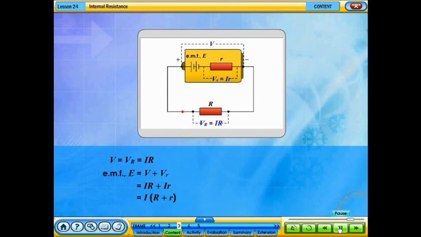Since the potential difference across the cell in a closed circuit equals the potential difference across the external resistance, the EMF E can be rewritten as current times the external resistance plus current times the internal resistance, or current times the sum of the external and internal resistance.